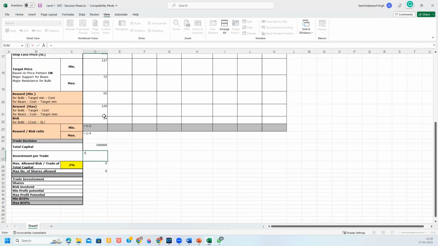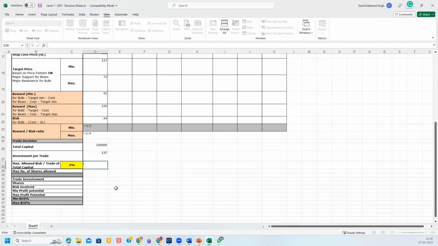So this is the investment per trade, and the maximum risk is 2% of my total capital. Okay, one second, let me delete this one. This is not the right way.